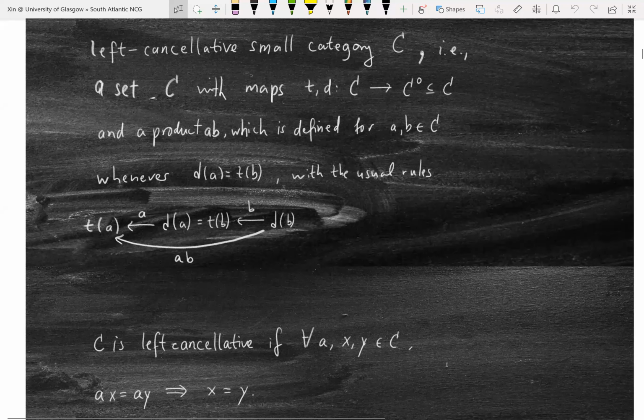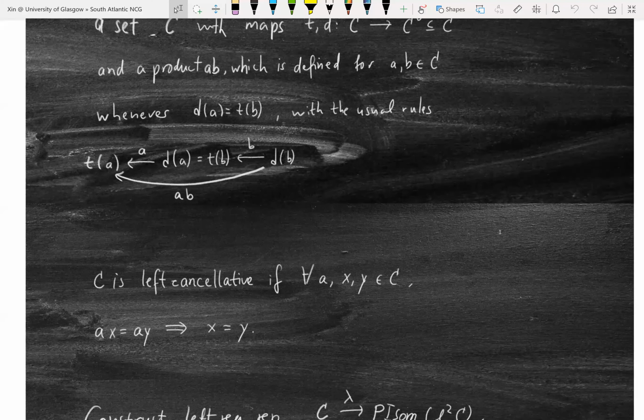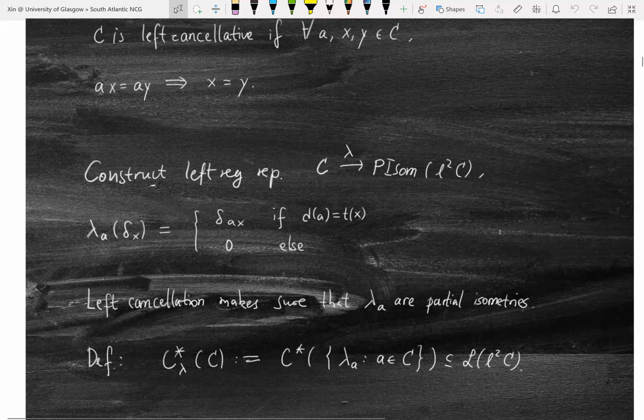And then once you have the structure, you can go back to the construction of reduced group C*-algebras and perform exactly the same construction. So you again look at little l2 of this category, the category viewed just as a set. We form the Hilbert space little l2, and whenever you're given an element in the category, you first of all shift around the basis vectors by left multiplication whenever that makes sense, whenever domain and target match up.